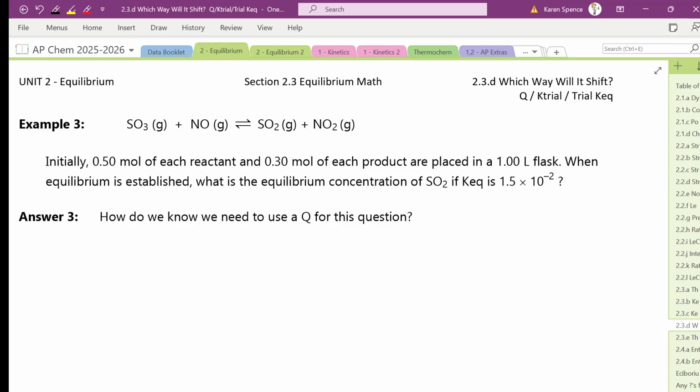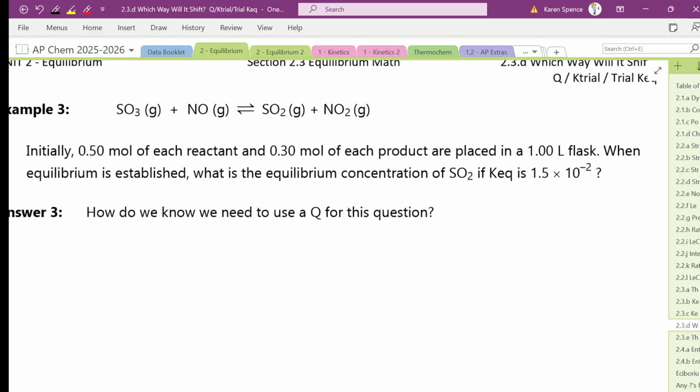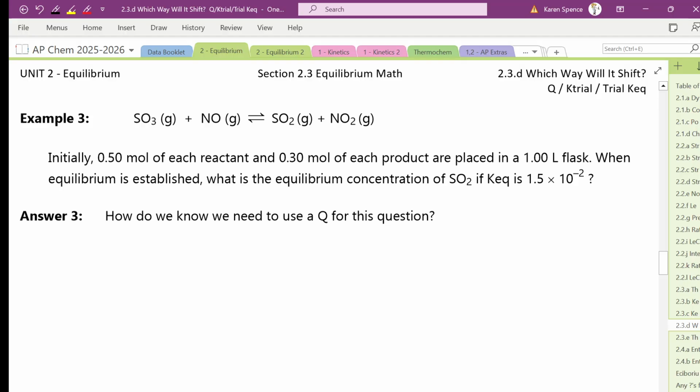How do we know whether we need a rice table for this question? Take a read through the question and let's decide.